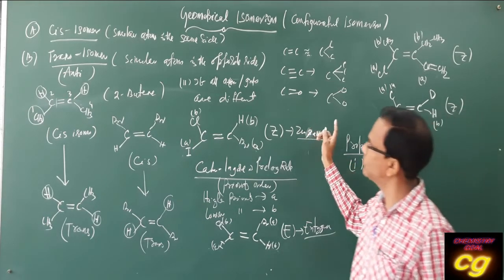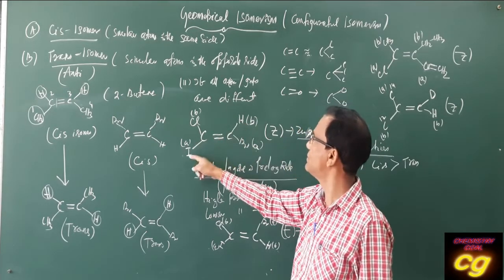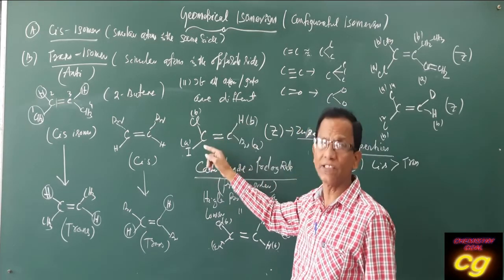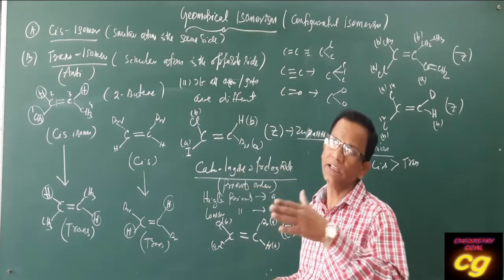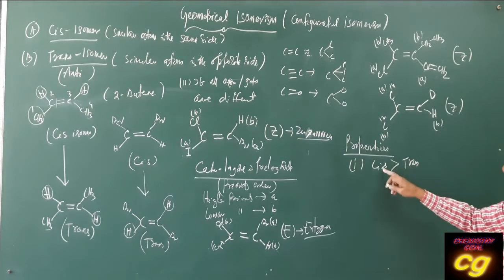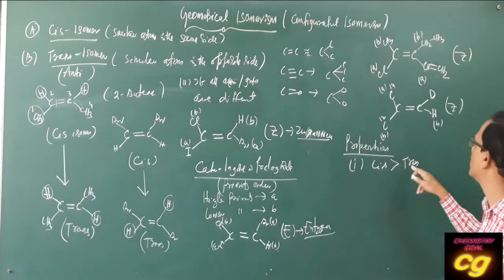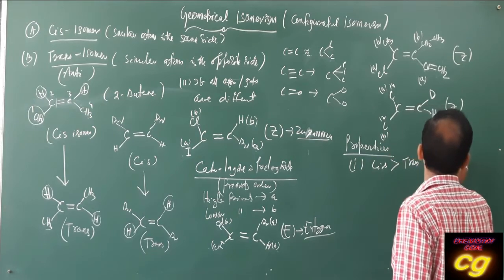Just see the cis isomer, for example, in this case what happens? The polarity is in the same direction, so it is not cancelled. Here if A and B are on opposite sides, then one direction will be cancelled by the other. So the cis isomer is more polar than the trans isomer.